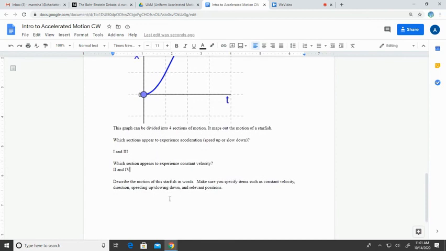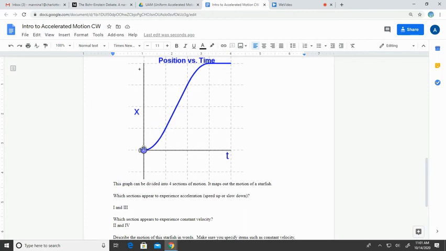And then for the last piece, it says describe the motion of the starfish in words. You want to specify items such as constant velocity, the direction you're going in, whether you're speeding up or slowing down, and where you are starting. I'm not going to type it down, I'll just say it, and you can phrase it into your own words. I would start by saying the starfish starts at the origin and begins to speed up in the positive direction.